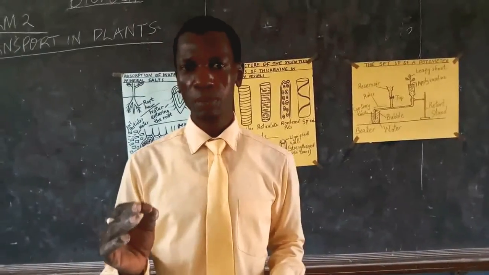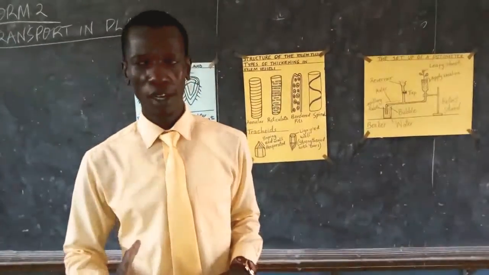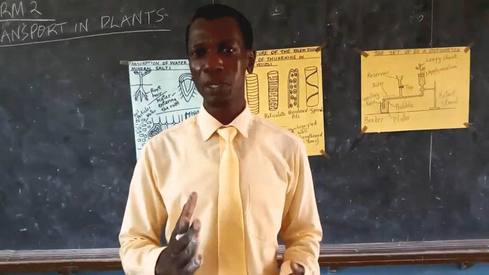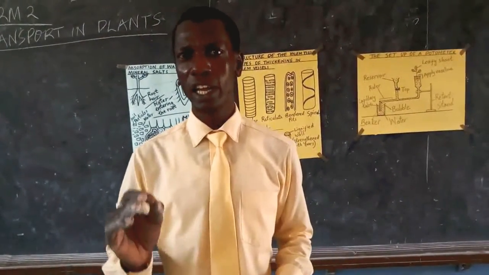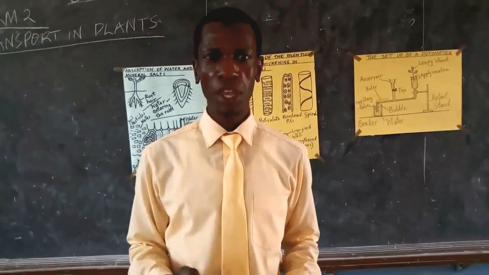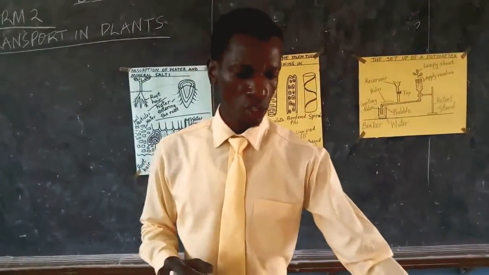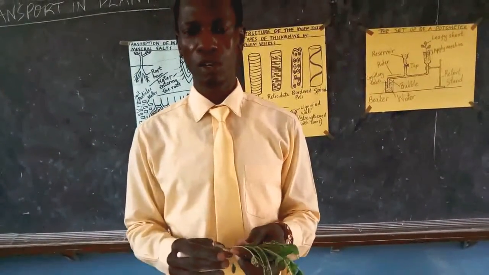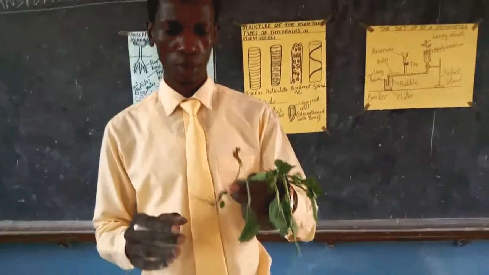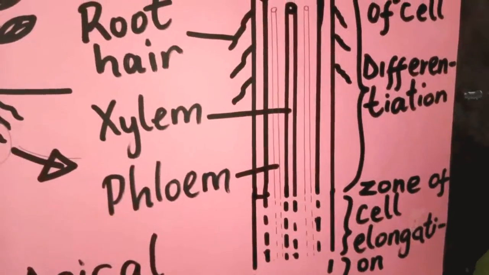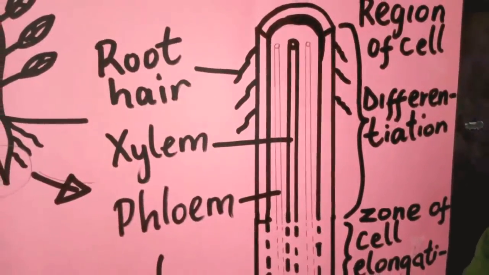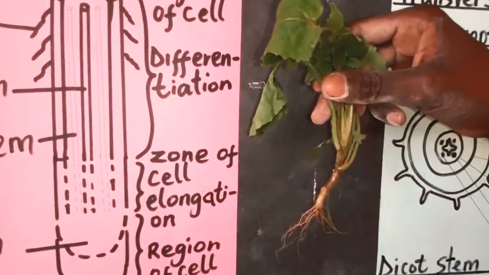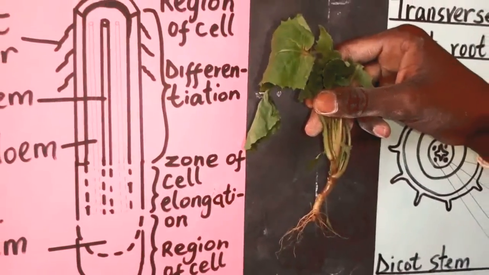There are two types of sections that are obtained when specimens are being dissected in a biology lab. The first one is referred to as a longitudinal section, while the second one is referred to as a cross section, or transverse section.